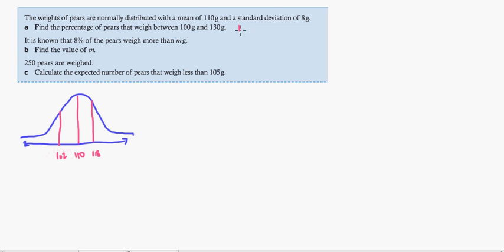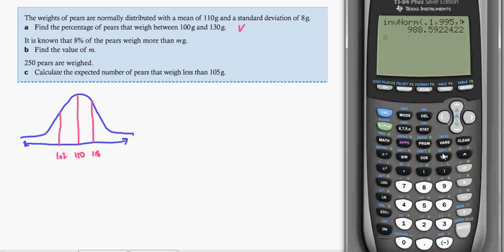Part A says find the percentage of pears that weigh between 100 and 130. If we're ever finding percentage or probability, same thing really, we use the first one. This is like the first types of problems we did. They give us a range here: the lower is 100, the upper is 130, 110 is the mean, and 8 is the standard deviation.